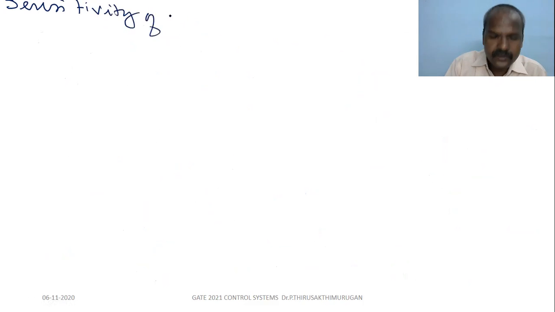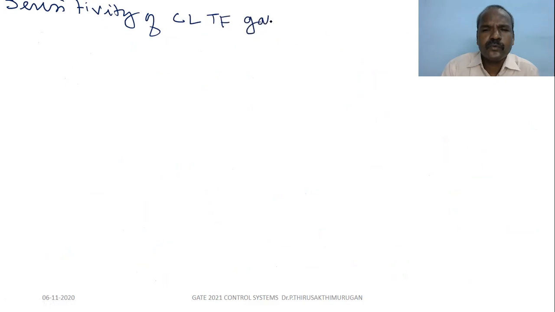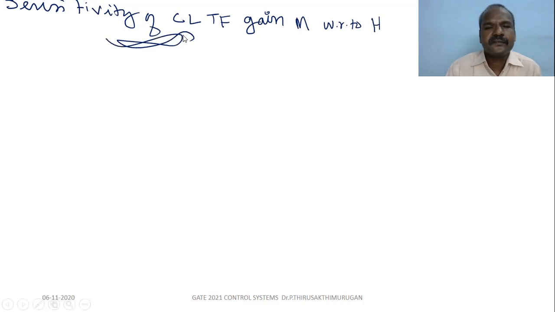Next is the sensitivity of M with respect to changes in the feedback loop. Let's see the sensitivity of the closed loop transfer function gain M with respect to changes in H. What is M?